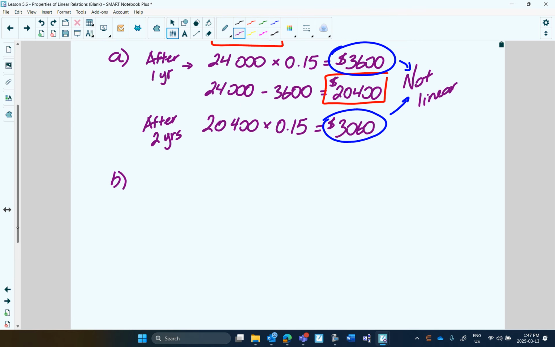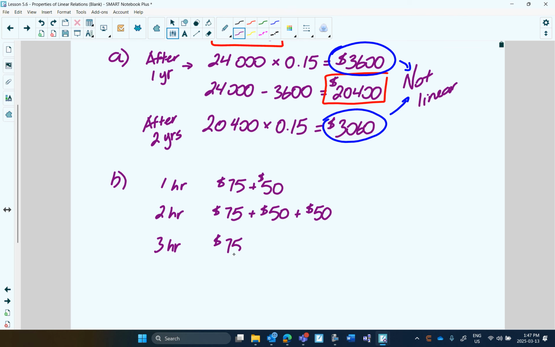So let's sort of keep tabs of that. 1 hour is 75 plus 50. 2 hours is 75 plus 50 plus another 50 for the second hour. 3 hours is 75 plus 3 of these 50s. Is it linear?